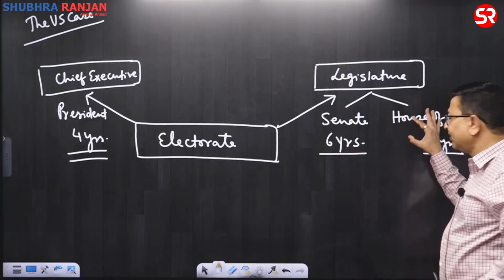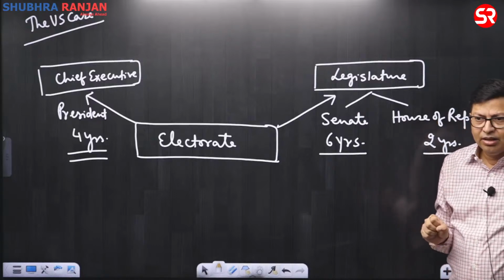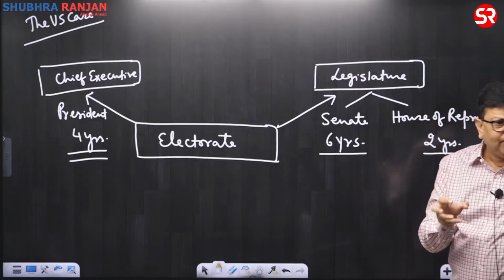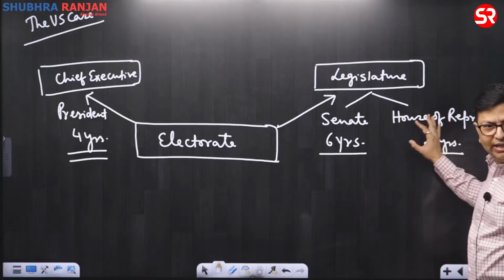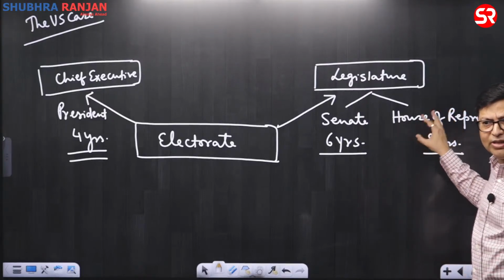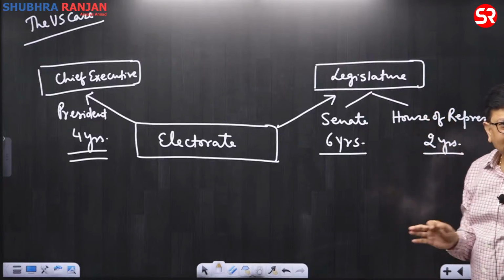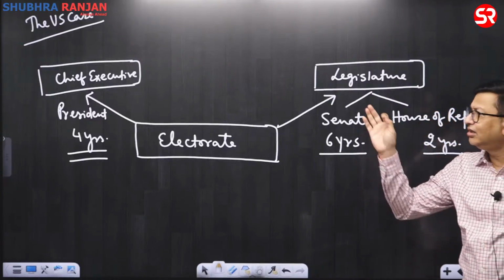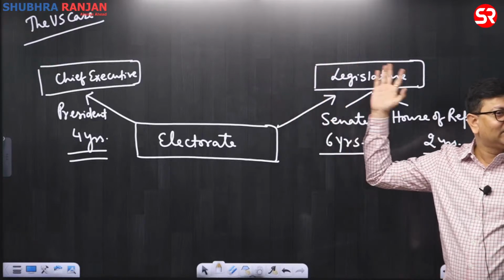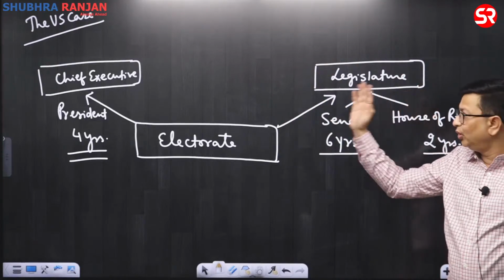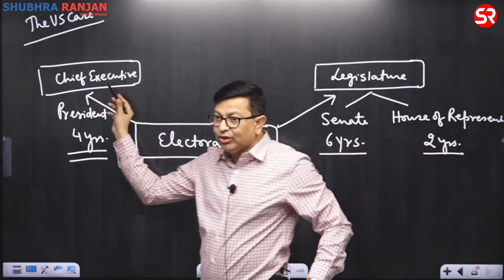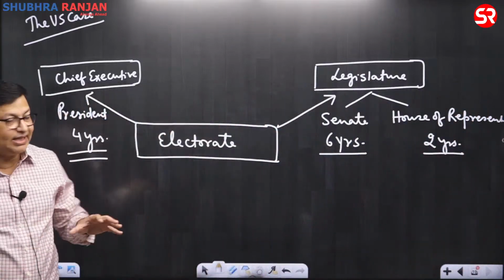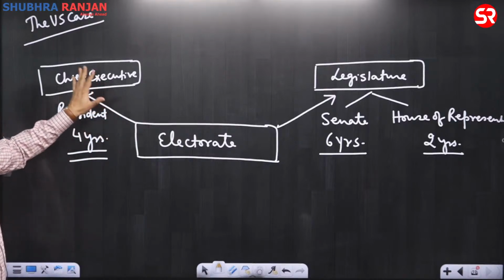Suppose in the House of Representatives election, what is the political party of Trump? Republican. Suppose the Republican party loses its majority, it has no majority in the House of Representatives, it will have no effect on the term of the American president. So both have to work separately, and the chief executive, that is the American president, will appoint the secretaries, the ministers.